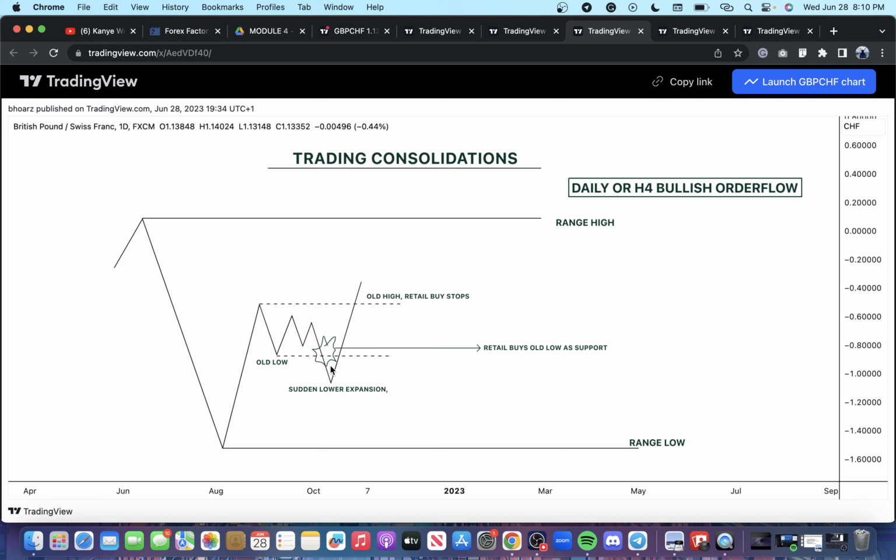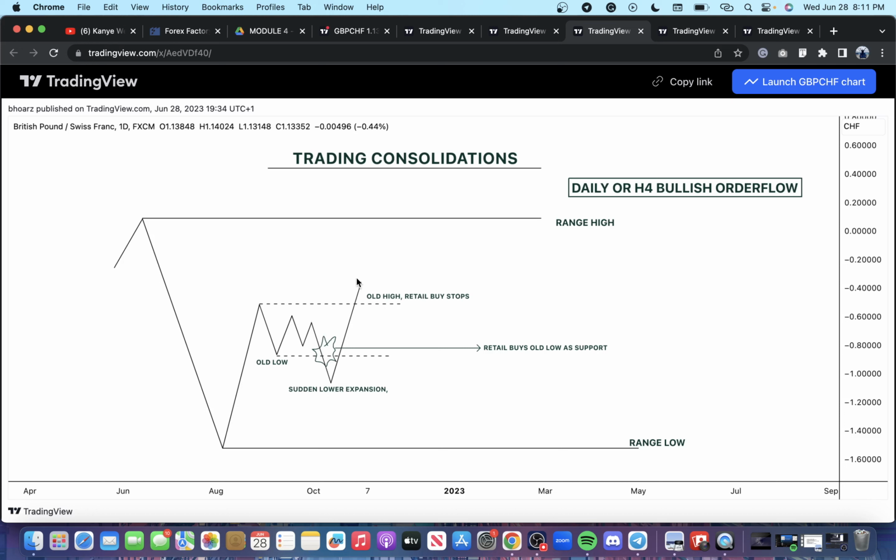So what we're doing here is generally neutralizing buyers, or early buys in price, and at the same time inducing sells. This quick run lower engineers buy liquidity and at the same time neutralizes sell liquidity.